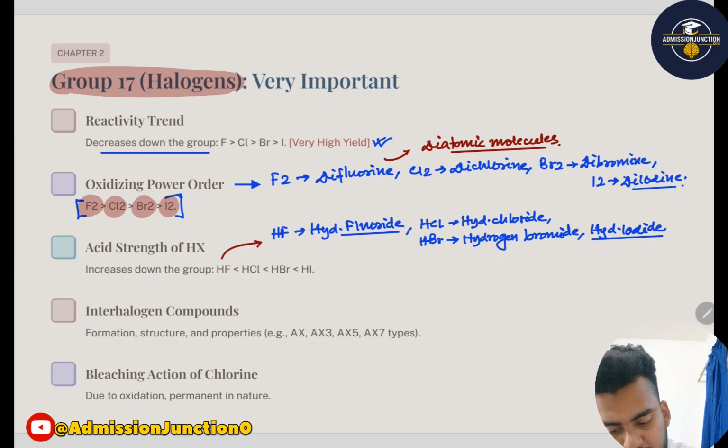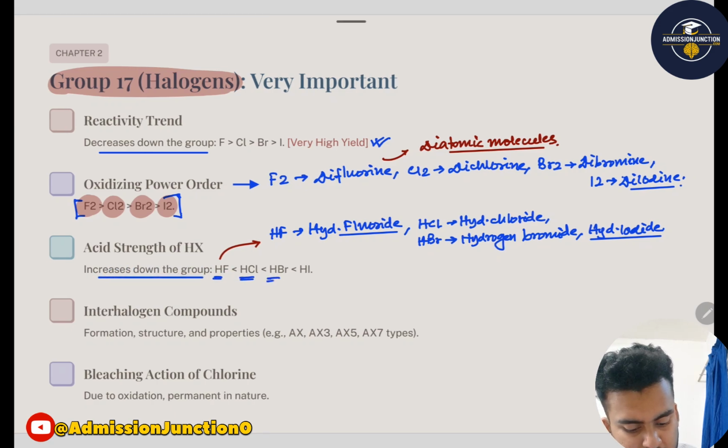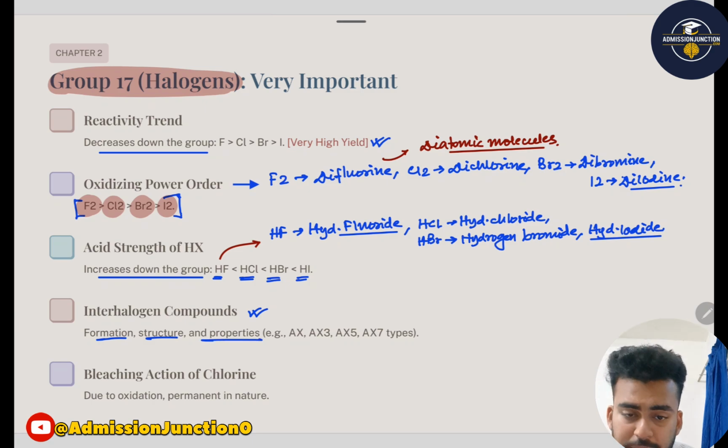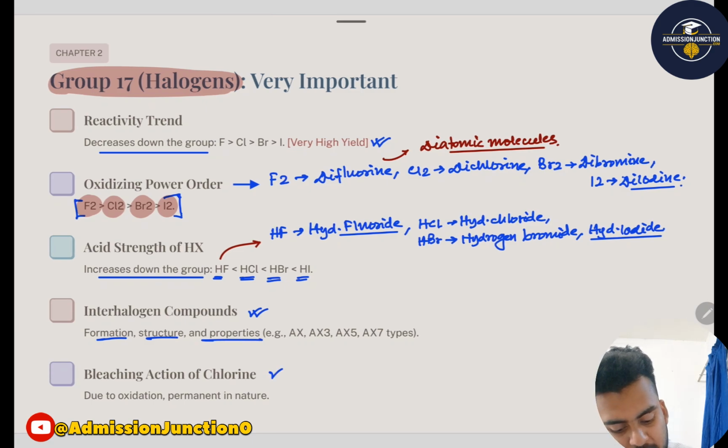Next acid strength, ठीक है, ये भी same increases down the group: hydrogen fluoride, hydrogen chloride, hydrogen bromide, hydrogen iodide. These are the interhalogen compounds. Formation, structure and properties you have to know. Then bleaching action of chlorine is due to oxidation, permanent in nature.